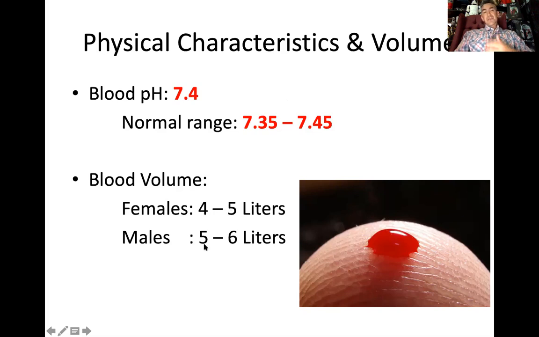Males on average tend to have a larger body size. Again, not always the case, but on average, males have between 5 to 6 liters of blood. And obviously the larger the person, Shaquille O'Neal probably 8 liters of blood, right? But again, the normal range is about 4 to 5 for females, about 5 to 6 for males.